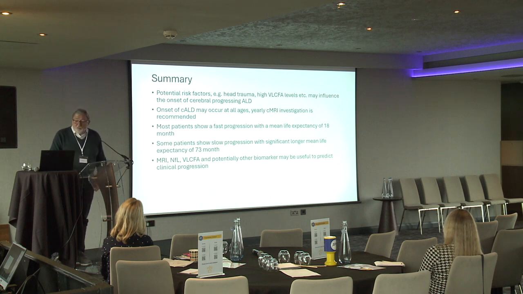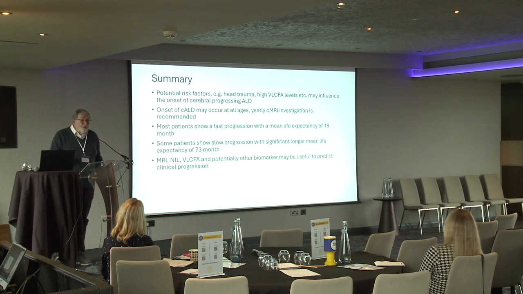Most patients with cerebral involvement have a very fast progression with a mean life expectancy of only 18 months. But some patients show a very slow progression with a significantly longer mean life expectancy, around 6 years.